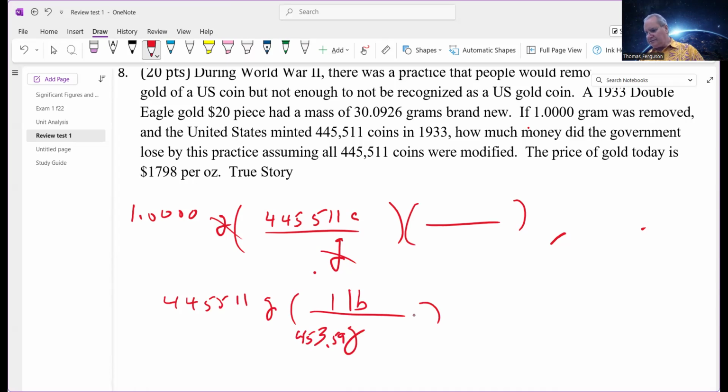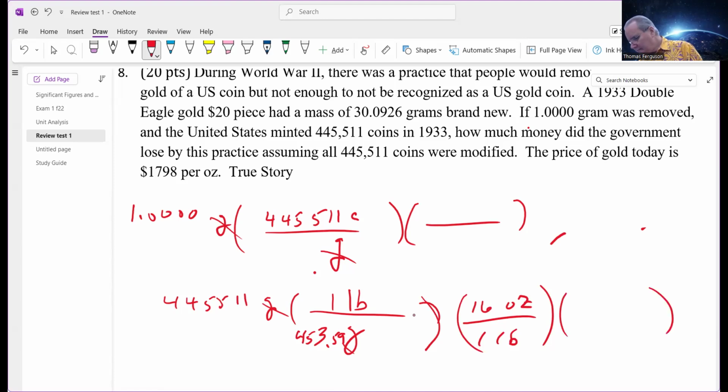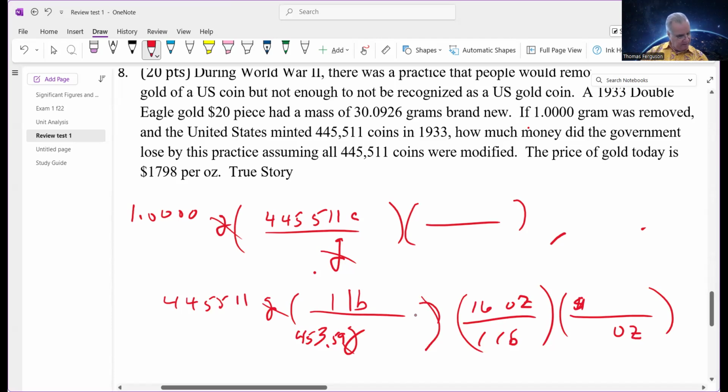Okay, now we're in pounds. Let's take it to ounces. And then let's use today's price, which was 34.06.